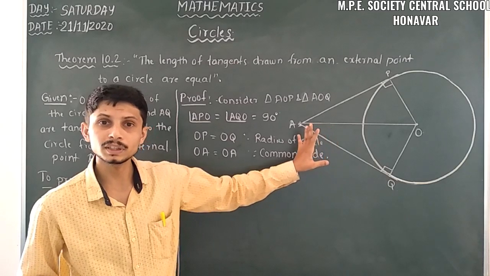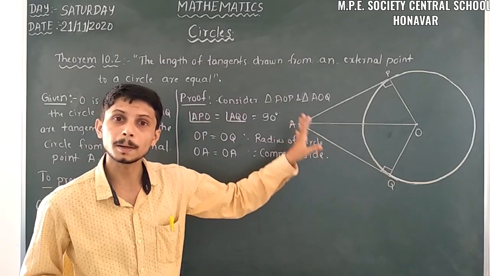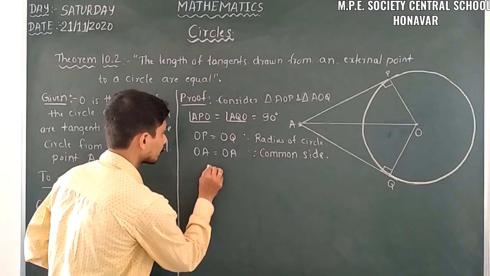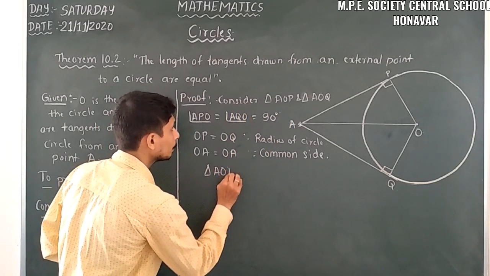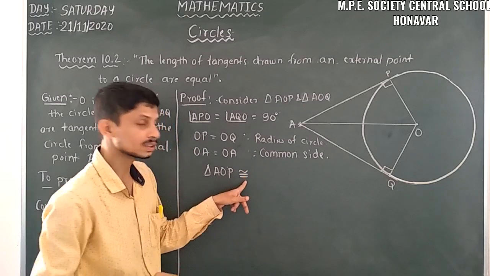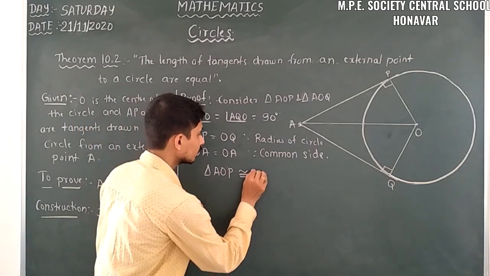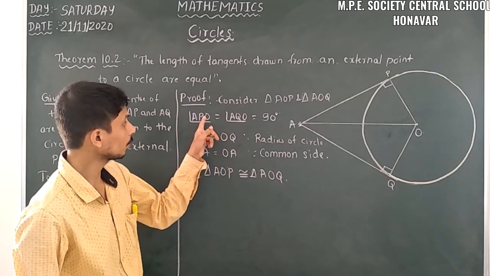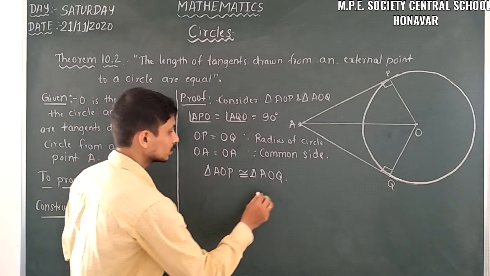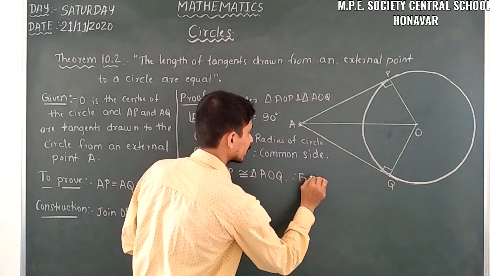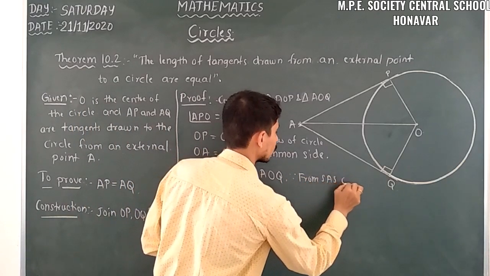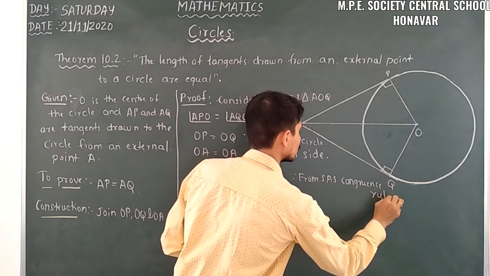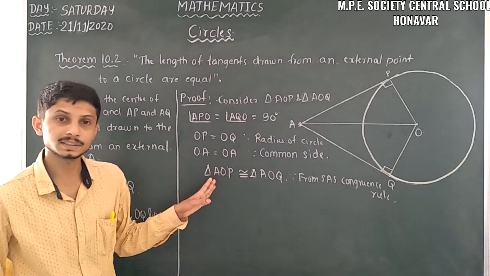So we can take triangle AOP is congruent to triangle AOQ, by the SAS congruence rule. This is also a very easy method.